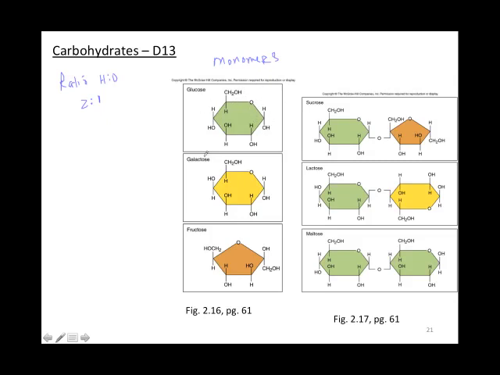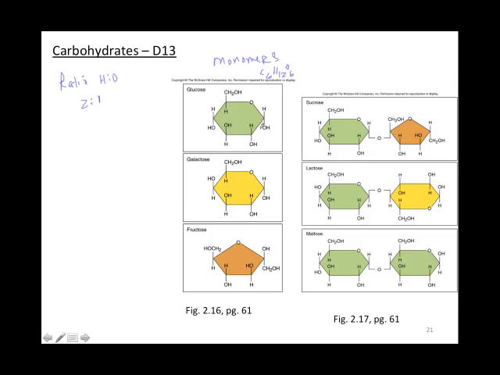All right, so three examples that are given are glucose, galactose, and fructose. In fact, if we looked and counted all these up, we should see that they all have a C6H12O6 molecular formula. So these are all structural isomers, meaning they have the same molecular formula, but yet structurally they are different.